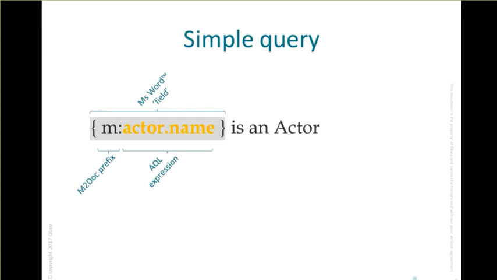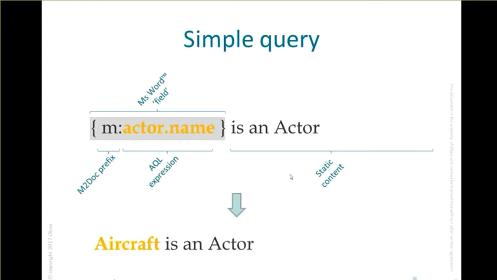This is an actual expression, I'll come back to that. And this is static content that will just be copied as is in the output document. So this very simple instruction will produce, assuming that the currently selected actor is aircraft, aircraft is an actor.